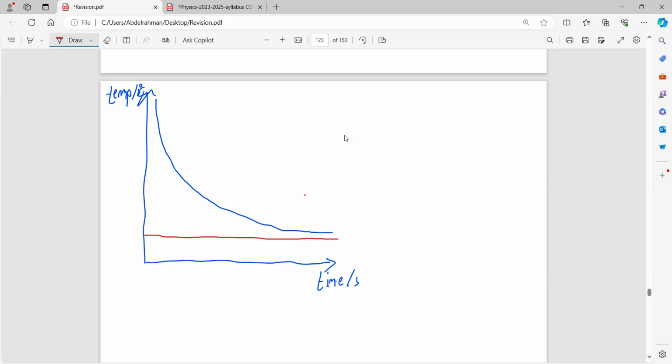So the curve keeps on decreasing until it reaches the room temperature. So this would be around the room temperature. He would tell you, estimate the room temperature based on the graph. It would definitely be something less. For example, if this had reached a temperature of, let's say, 25 degrees, the room temperature would be around 23 degrees. I'm just saying.